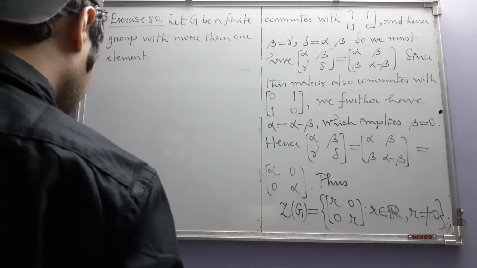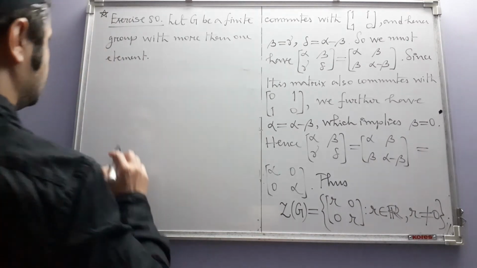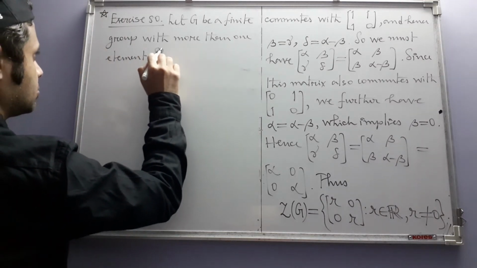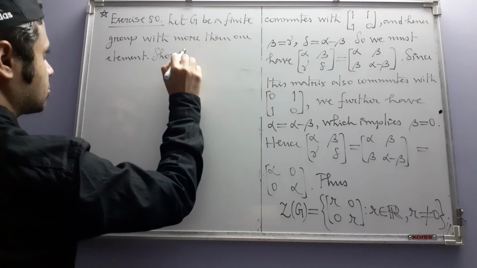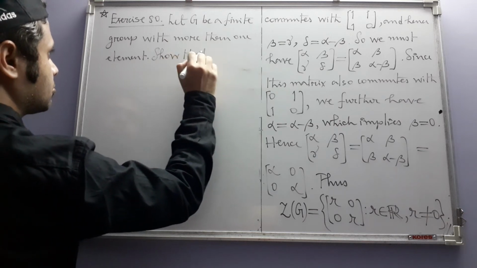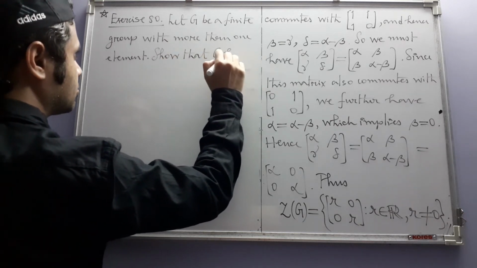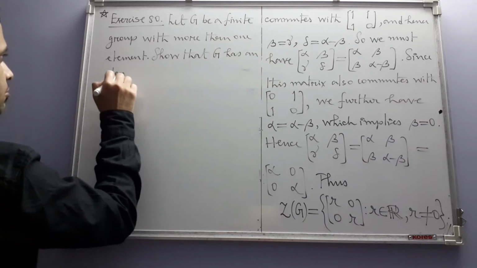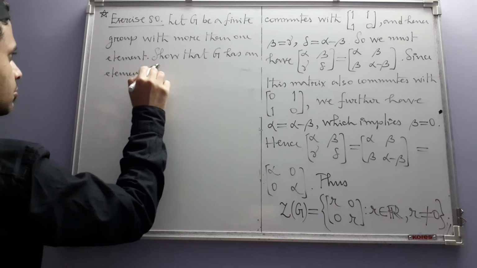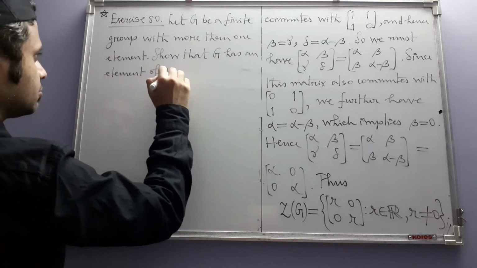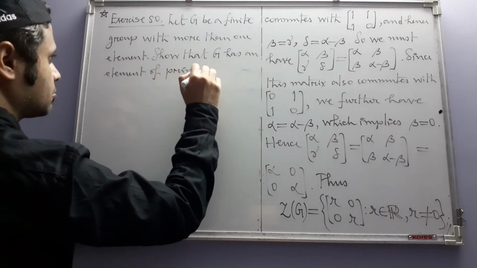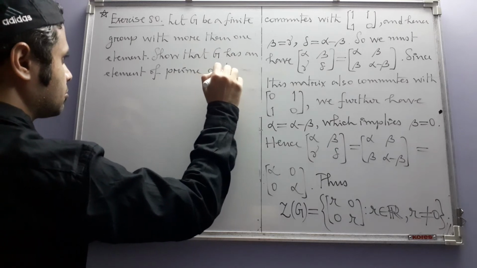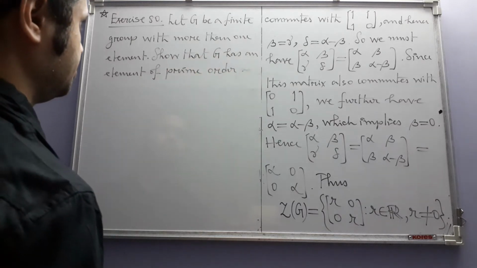Show that G has an element of prime order. Okay.